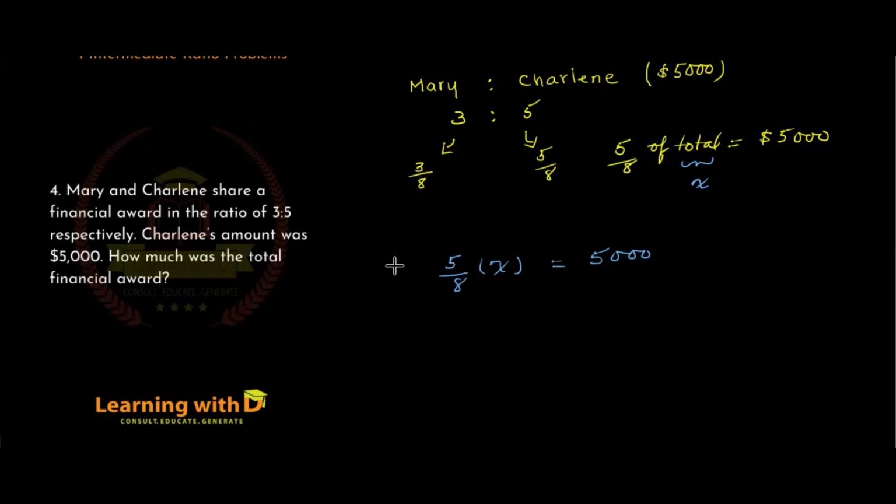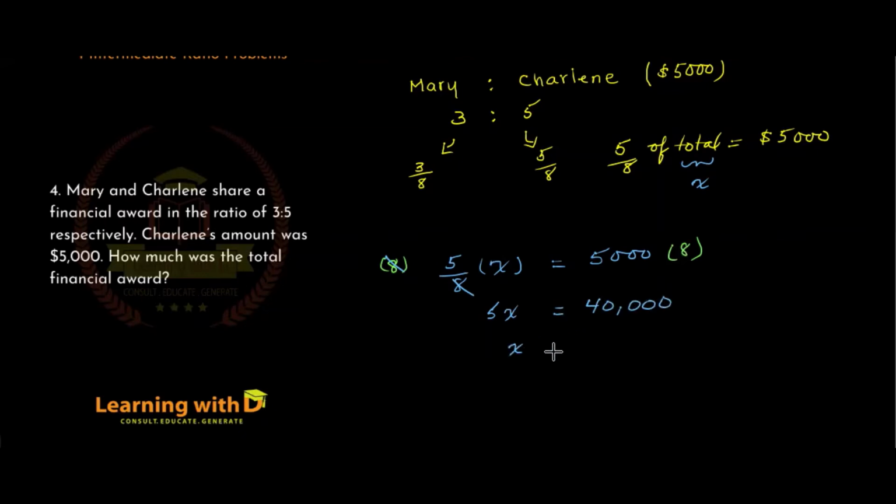We multiply this by 8 over here, and this would cancel with this. But if I do that on one side, I've got to do it on the other side. So when I do that now, what I'm going to have is just 5 times x, which is 5x, is equal to 5,000 times 8, which is 40,000.